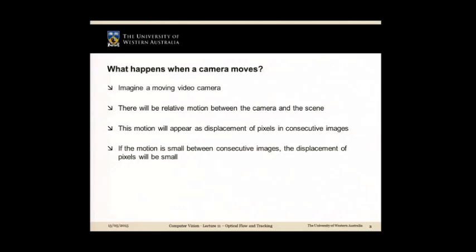A 25th of a second, so that's 1/25, which is very, very small. So motion in this small amount of time would be minimal, right? If the motion is small between consecutive images, the displacement of pixels will be small, of course.